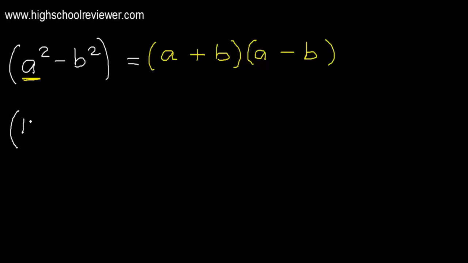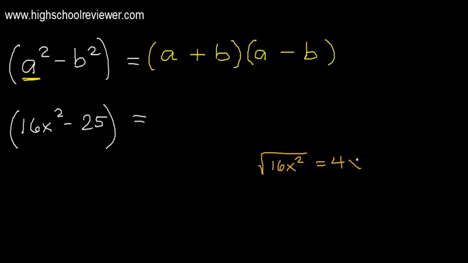We have here 16x squared minus 25. This is the difference of two squares because 16x squared is a square and 25 is also a perfect square. The square root of our first term, the square root of 16x squared: the square root of 16 is 4, and the square root of x squared will be x raised to 2 divided by 2.